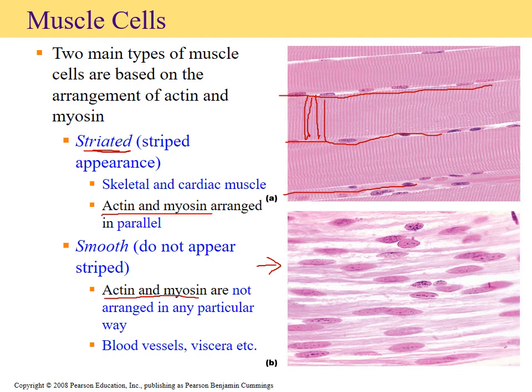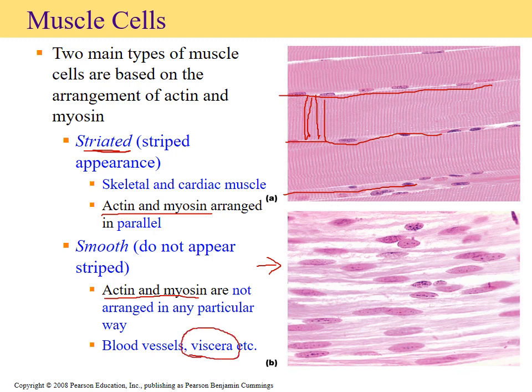Now, there are three types of muscles in our body. We have skeletal, cardiac, and smooth muscle. Skeletal and cardiac muscle both fall in the striated category, whereas smooth muscle is the only non-striated muscle. Smooth muscle is usually the one associated with your internal organs, so the viscera and your gland secretions.